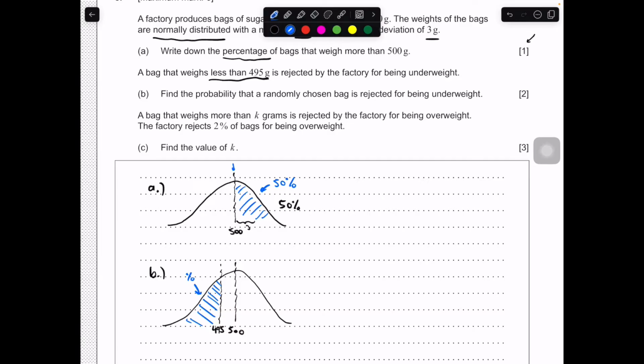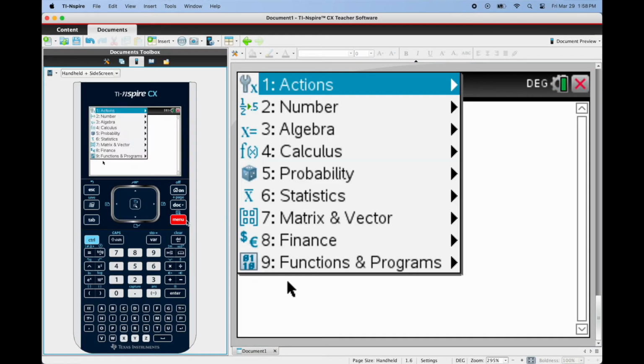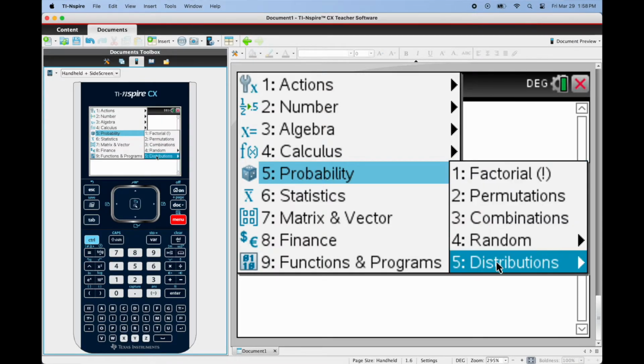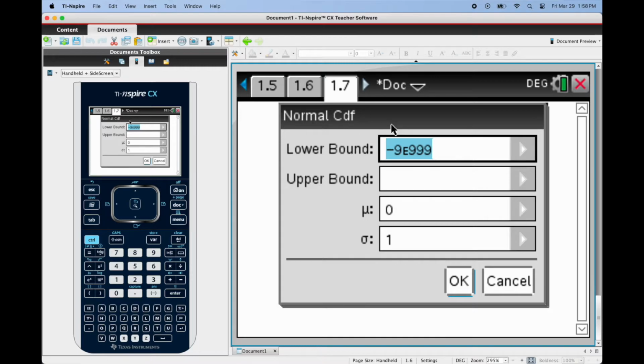So let's go into the calculator. Menu, Probability, Distributions, and we're in NormCdf. Lower bound we can keep as this massively negative number. Usually, you just want to make sure that you sweep out all the area to the left. Usually 5 standard deviations is enough, so you could put 100 and it should be fine, but this massive negative number should be okay as well.